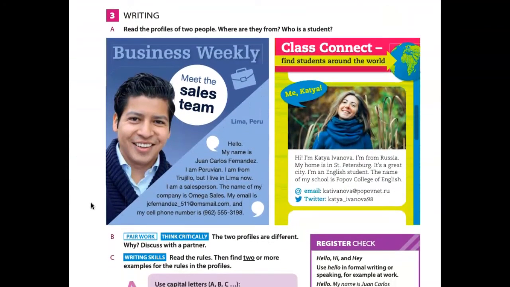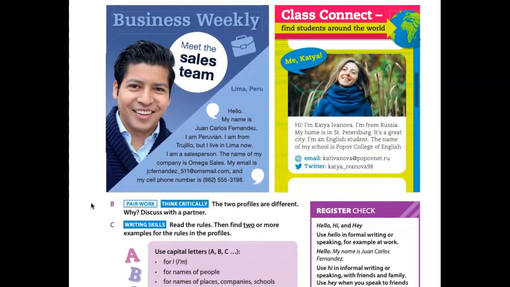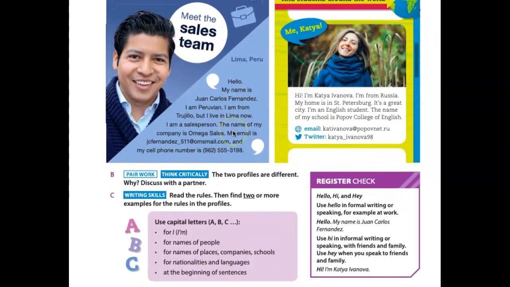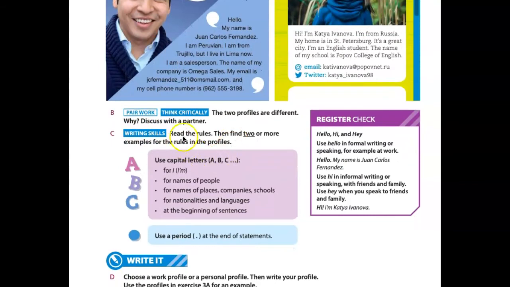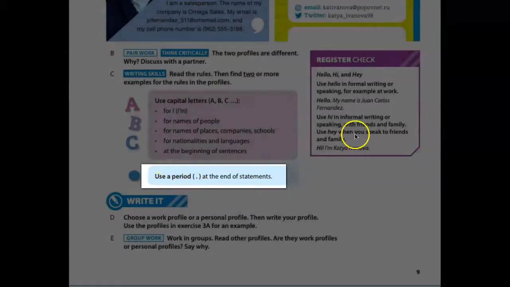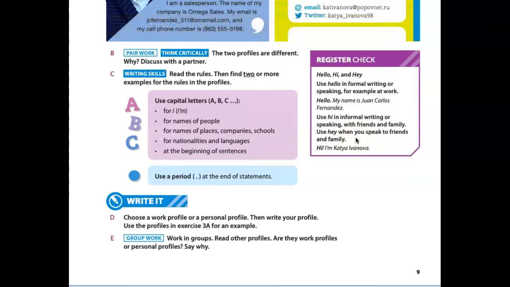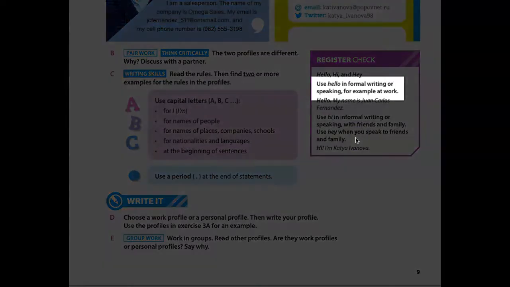The approach here for writing is product approach. I'm going to tell you why in a moment. Okay? Look at these examples of written texts. Now you have writing skills. What writing skills can you see here? Punctuation, register. Register means using the right level of English, the level of formality.